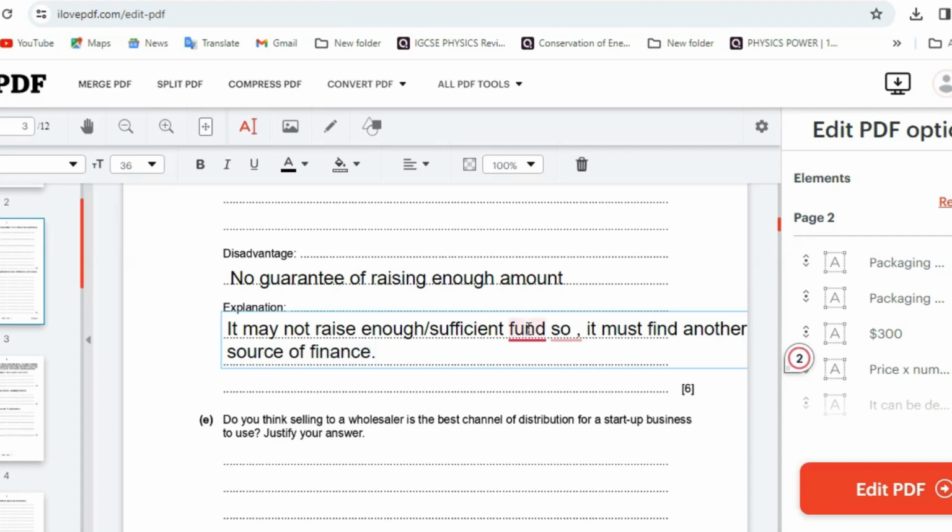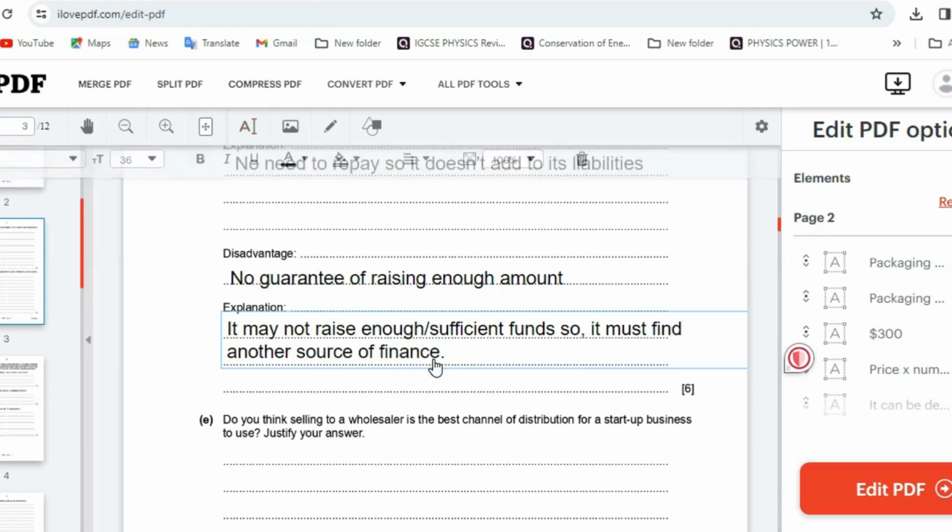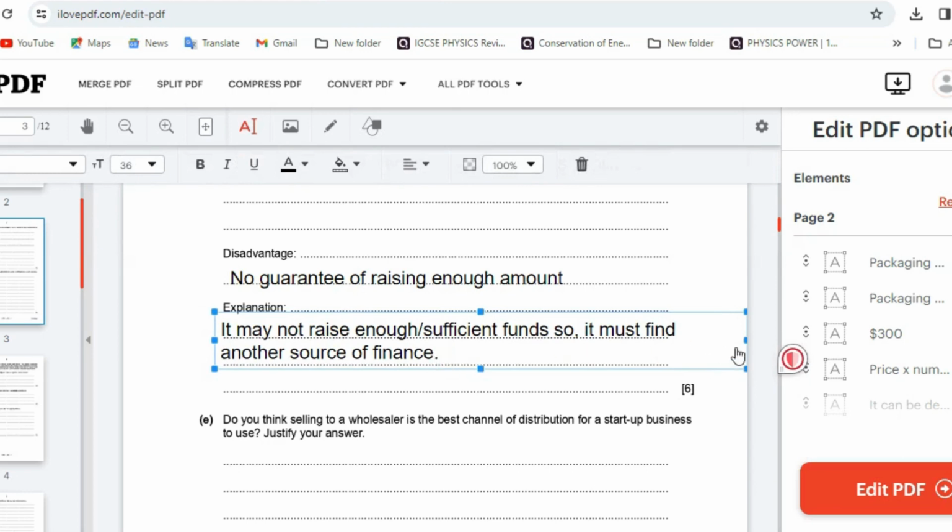Yes, you must find another source of finance when using crowdfunding and it is not guaranteed of raising enough money. So it must find another source of finance. That's one of the disadvantages that we have. Of course, it may also not be reliable, or it may not be a stable source of finance.